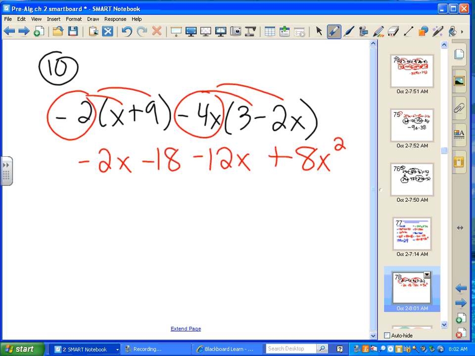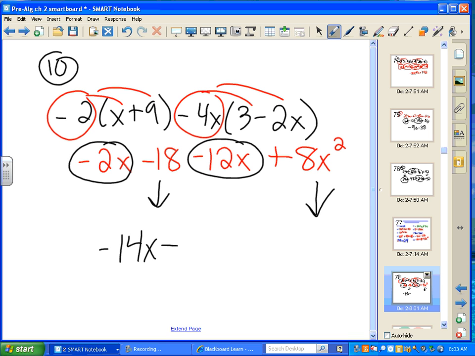Did you find your mistake yet? Okay, you got that. All right, so then our next step is the 8x squared does not have a like term, so we drop it down. The -2x and the -12x are like terms, so we can combine those. The -18 gets dropped down. It does not have a like term. So, Briar, we have -2x minus 12x is -14x.